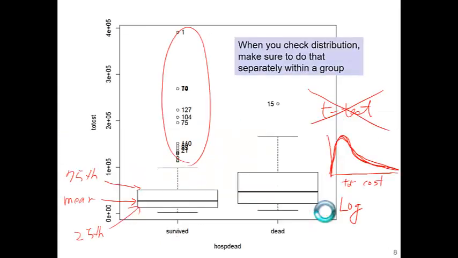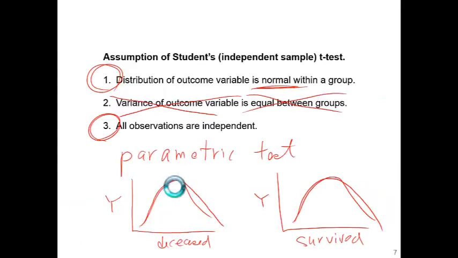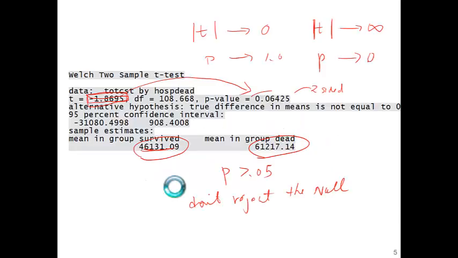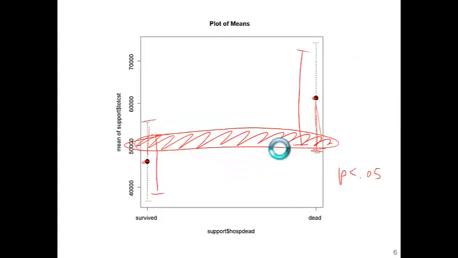So when data are skewed, the mean value is pulled toward outliers, right? The mean value in this case, without log transformation, was much higher than the 20-something thousand value, right? 46,000, and then 61,000 in deceased.